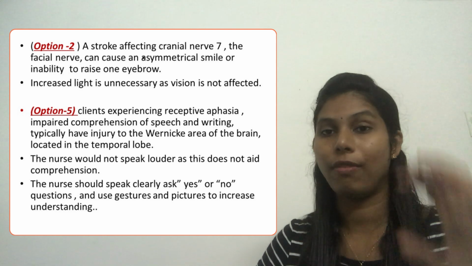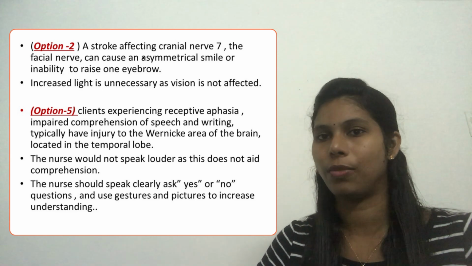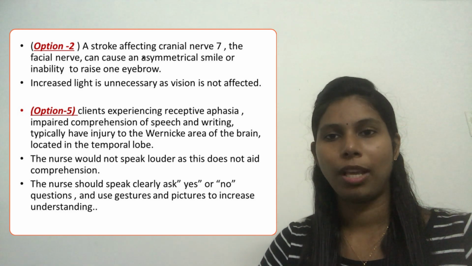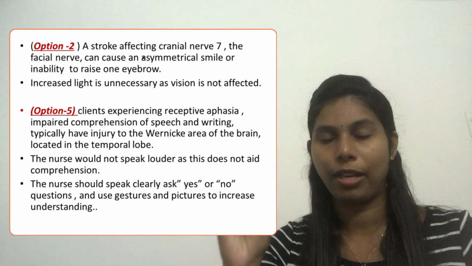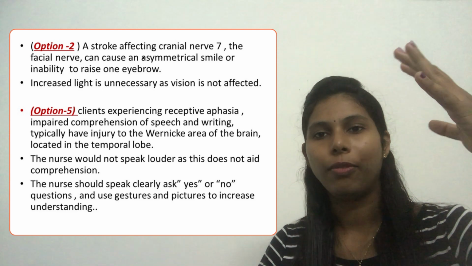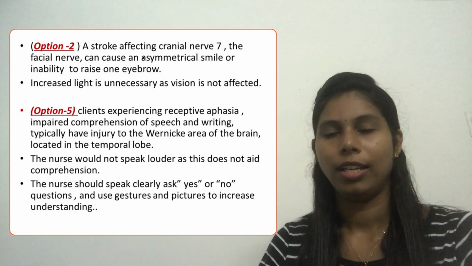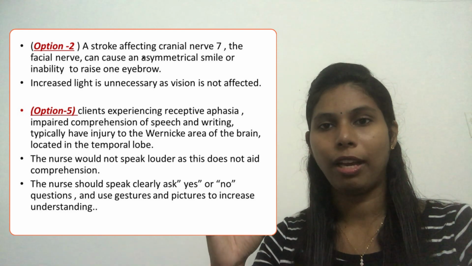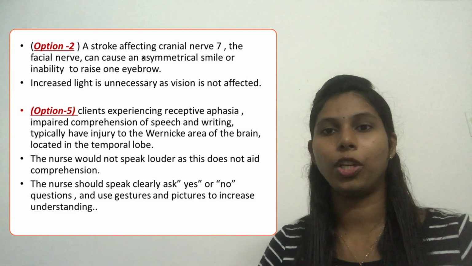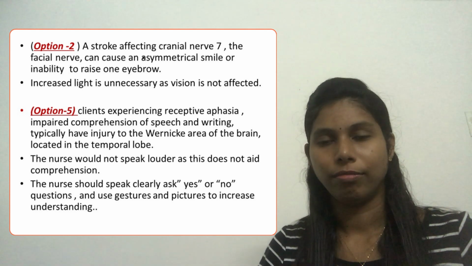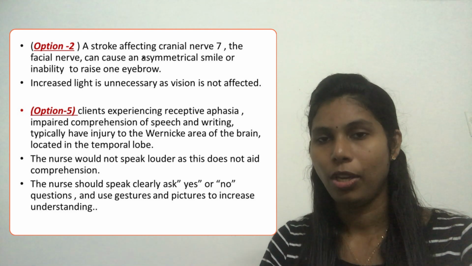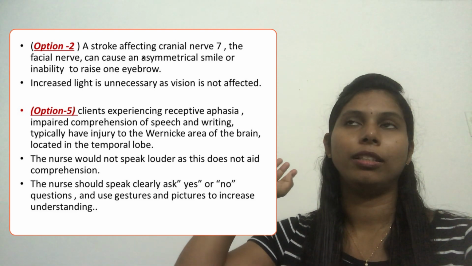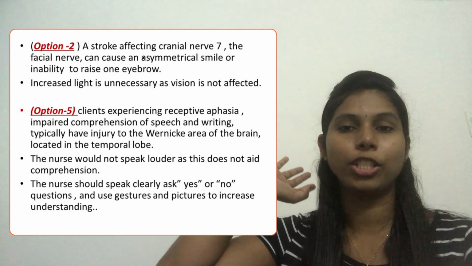We should have a clear idea about the function of all of these, because sometimes in select all that apply questions, they will give 5 or 6 options, and the stroke might have affected the cerebellar area, or the temporal area, or sometimes with the scoop and counter scoop mechanism, the client may have a problem with the occipital lobe.